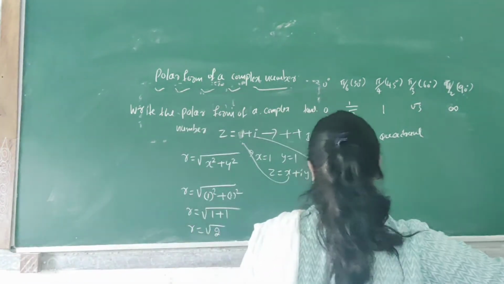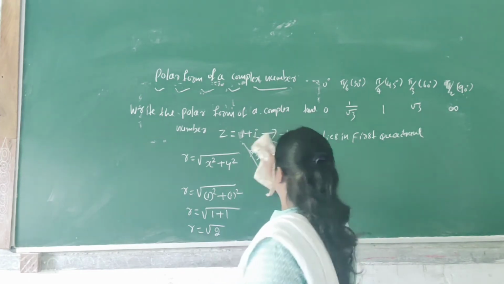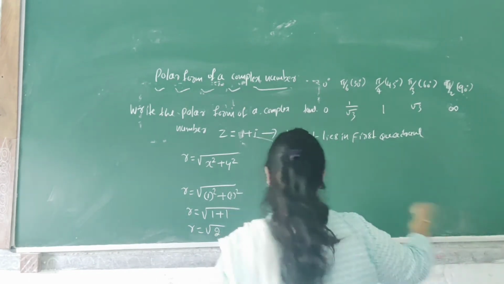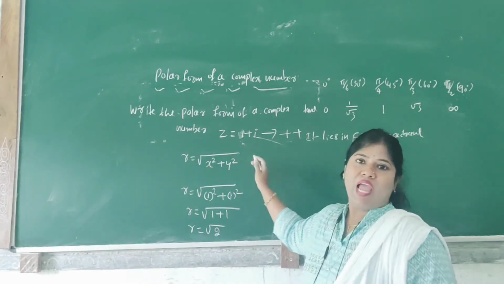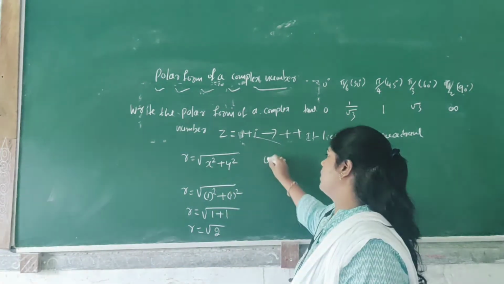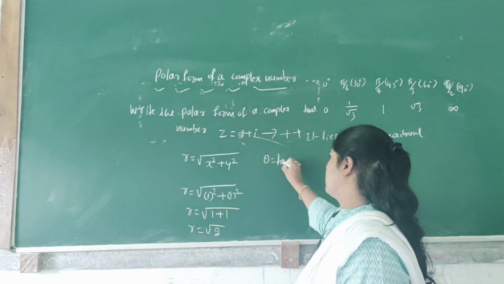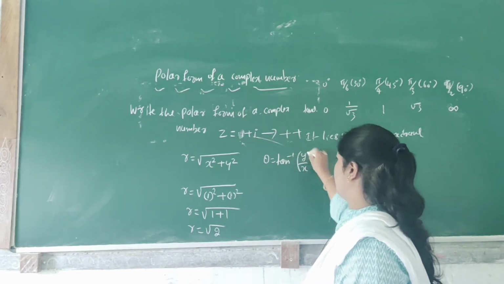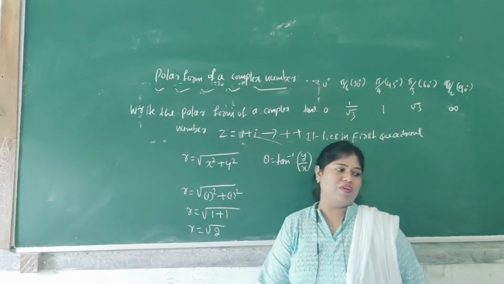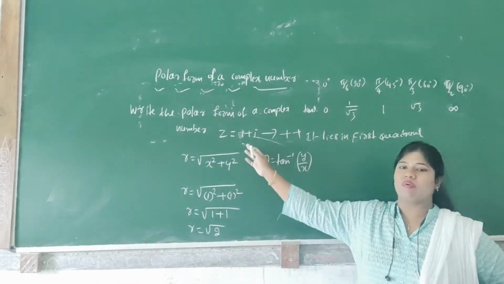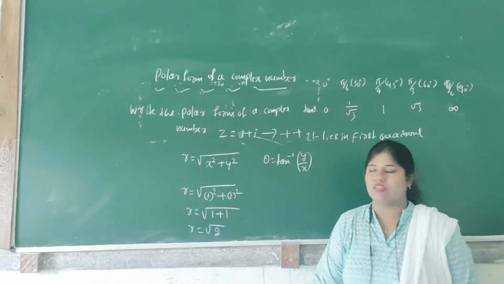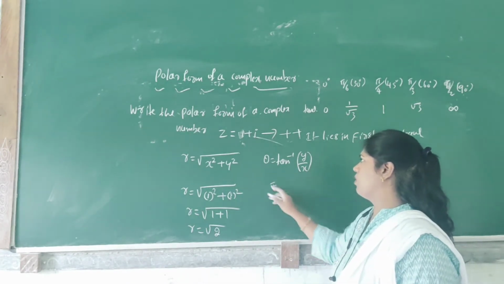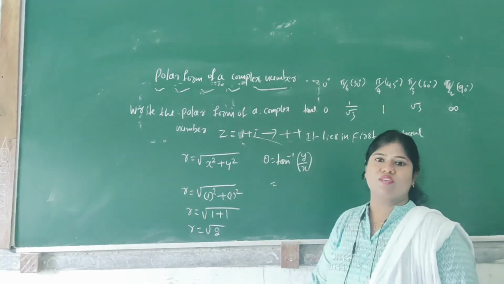Next, what we have to find out? We have to find out the theta value. Theta is the amplitude. So theta is equals to tan inverse of y divided by x. Why only this formula? Because both the signs are positive, it lies in the first quadrant. So plus, we have to write this one because it lies in the first quadrant.